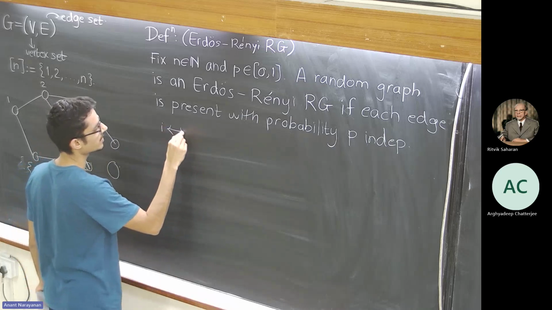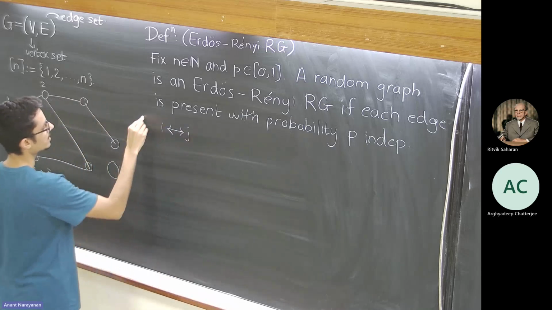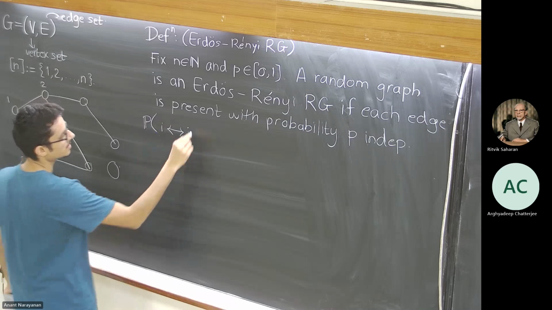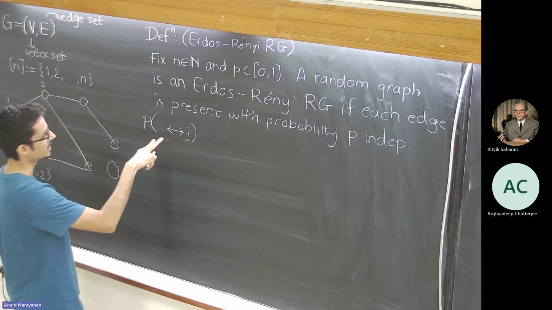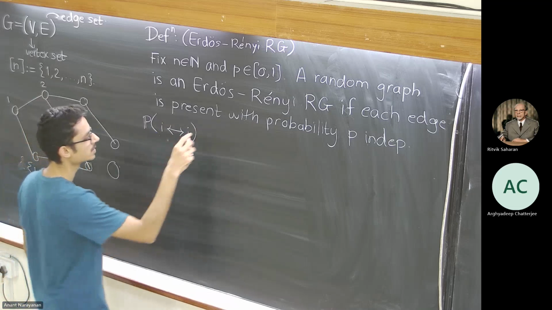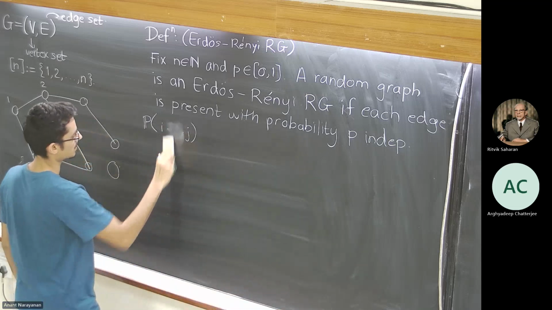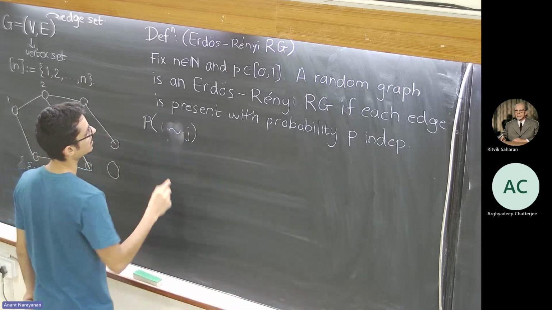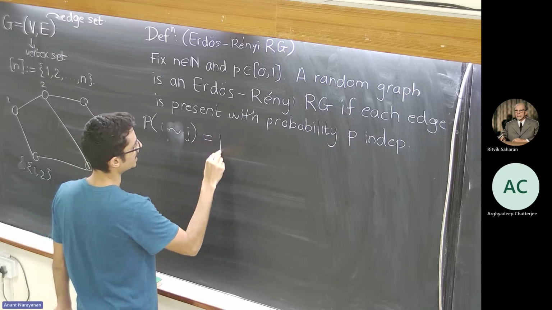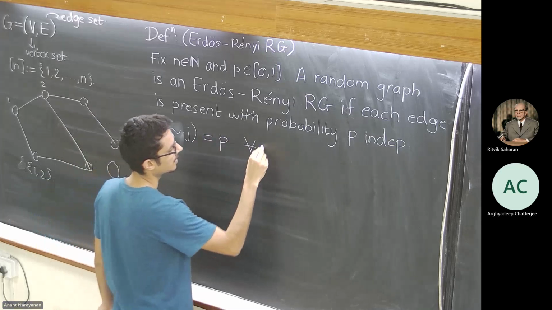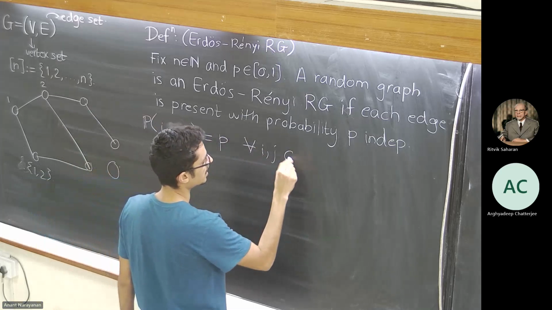So this will always mean that i is connected to j, so there exists an edge between i and j. So this is how I denote it: the probability that i is connected to j equals p for all i, j in the vertex set.